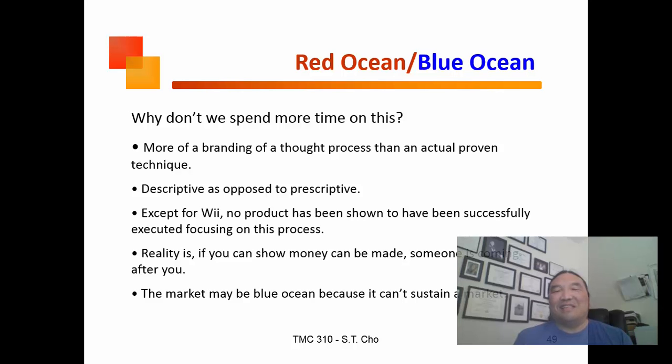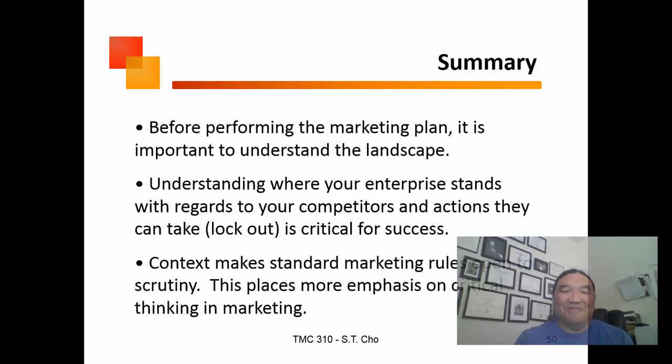And not only that, the thing about blue ocean is if you show money can be made, somebody's coming in after you. That's just the reality of having a competitive world. And the other thing is the ocean might be blue because there's nobody in there, and there's a reason why nobody's in there. You can't make enough money. But I told you what it is. So that's a competitive landscape.